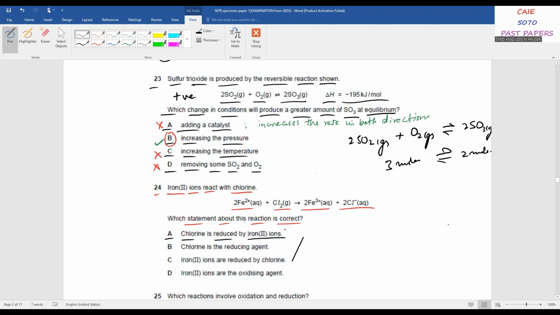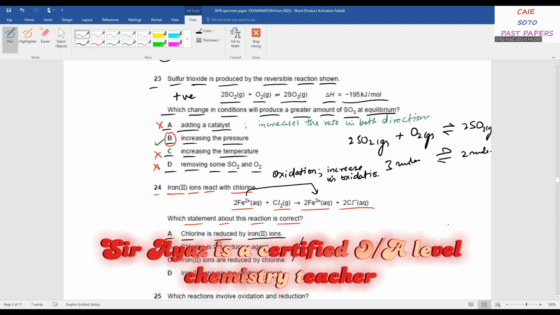If you look at the oxidation number of Fe2+ to Fe3+, this is oxidation because the oxidation number increases. For Cl2, the oxidation state of Cl2 is 0. So it's changing to -1, which means reduction because the oxidation number is decreased here.